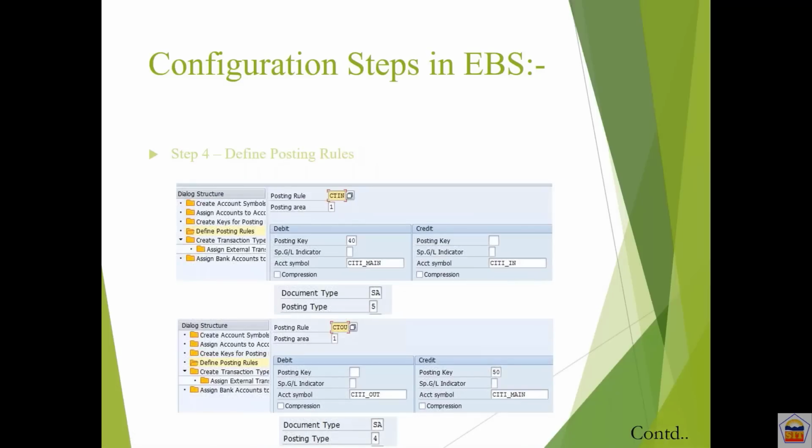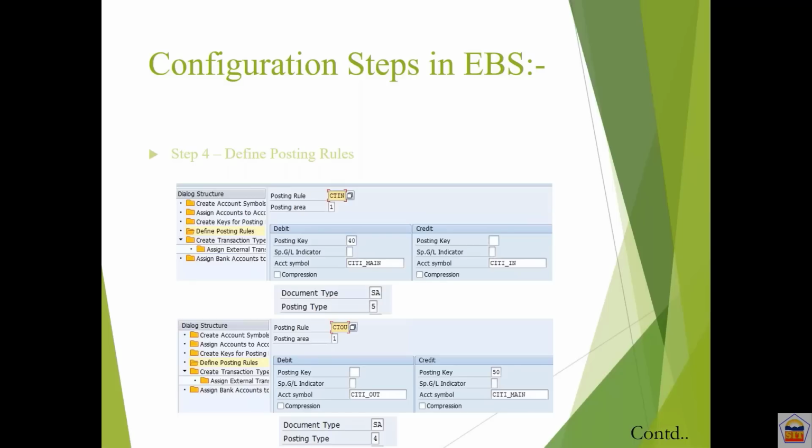As I just shared with you, under the posting rule we give the information about the posting area. We have posting area one and two. One is for the main account, the GL entry, and two is for the subledger entry. Here you can see we have the debit and credit sections. Accordingly you can use the posting key for debit and credit, and give the reference of your account symbol, whether it is a clearing account, main account, or bank charges account.